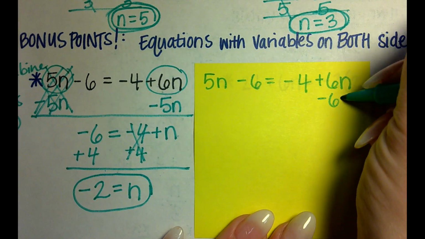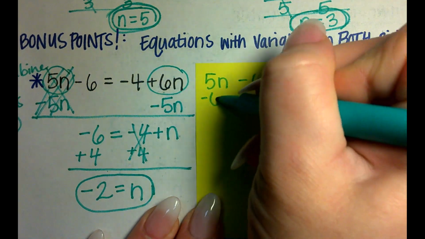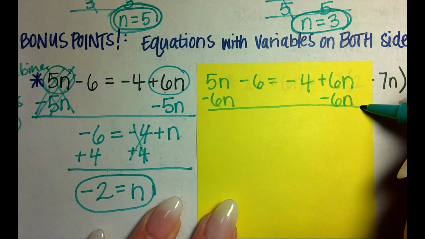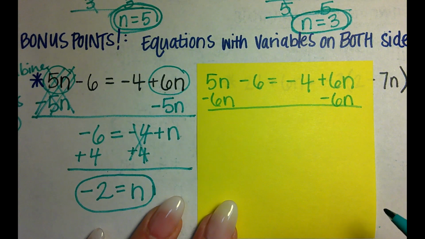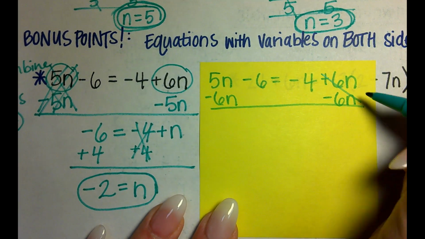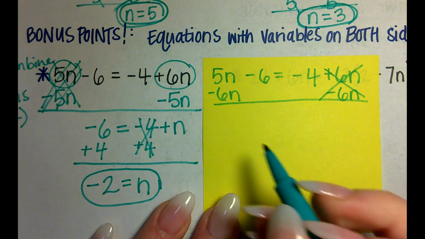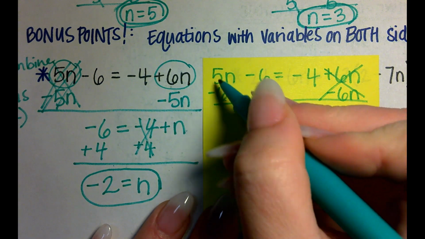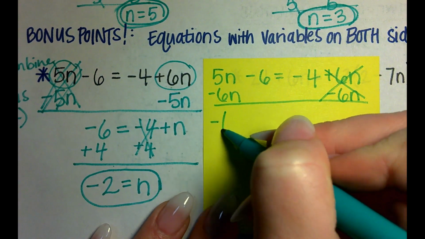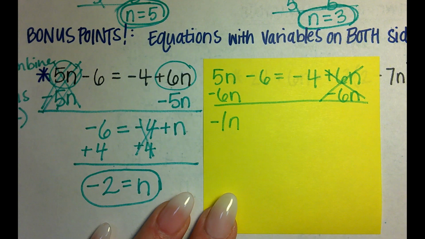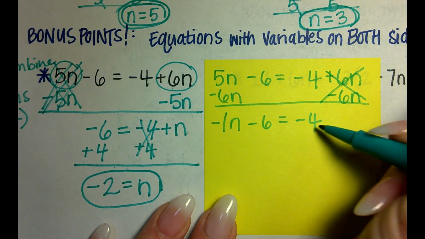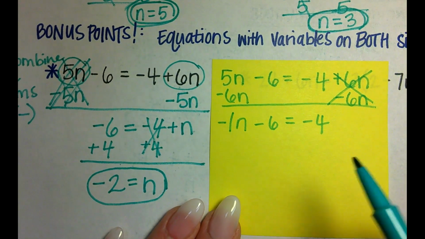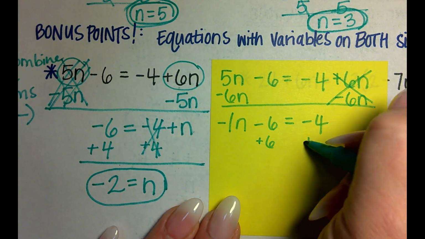Okay, so minus 6n, minus 6n. What happens here? Yes, my 6n's cancel. You get a negative 1n. Good, so 5 minus 6, negative 1n. What gets brought down? Minus 6 equals minus 4. Plus 6 on both sides.